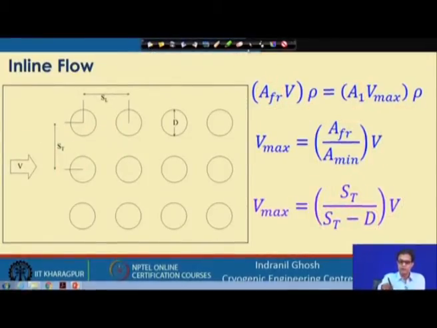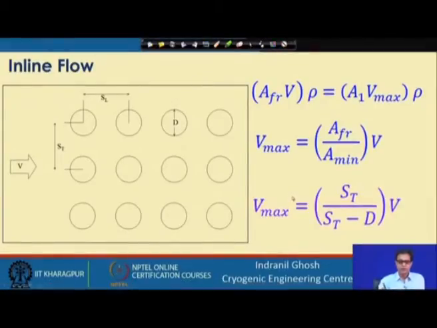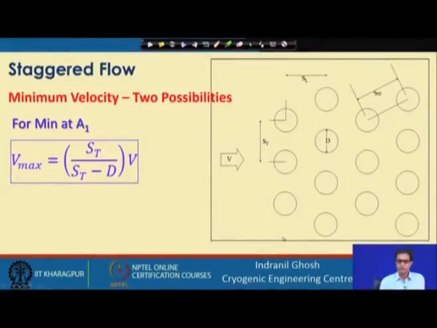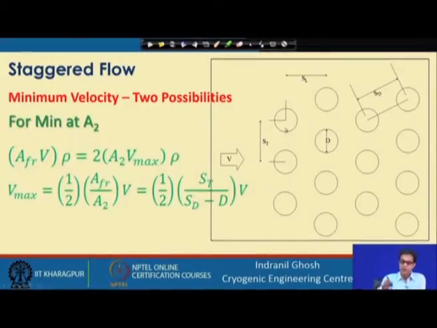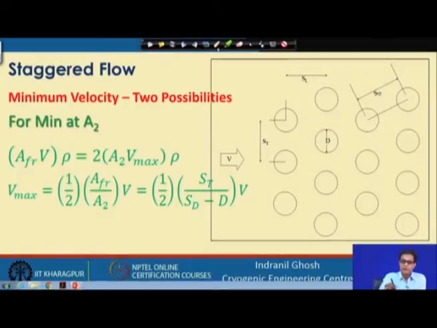Similarly, if we now look into the staggered configuration, we have two possibilities. The minimum free flow may occur at this point, or depending on the configuration, there is a possibility that the minimum free flow can also be at this location.